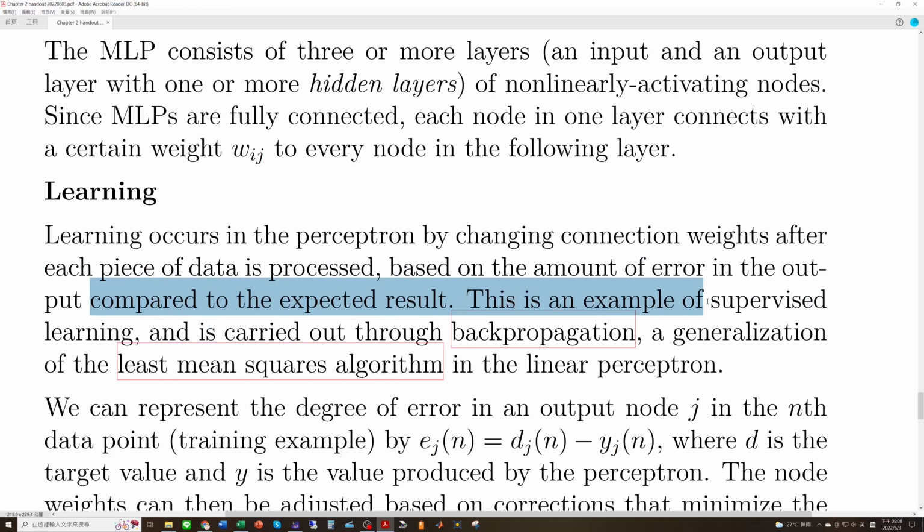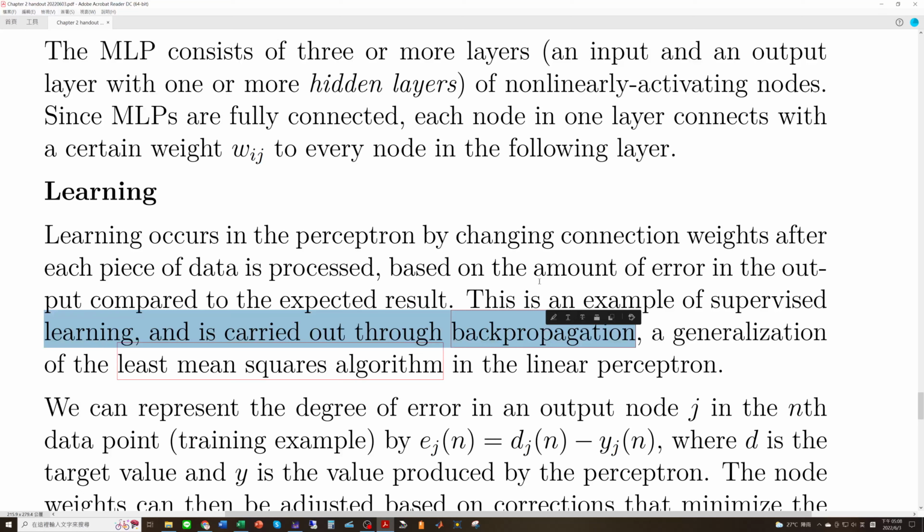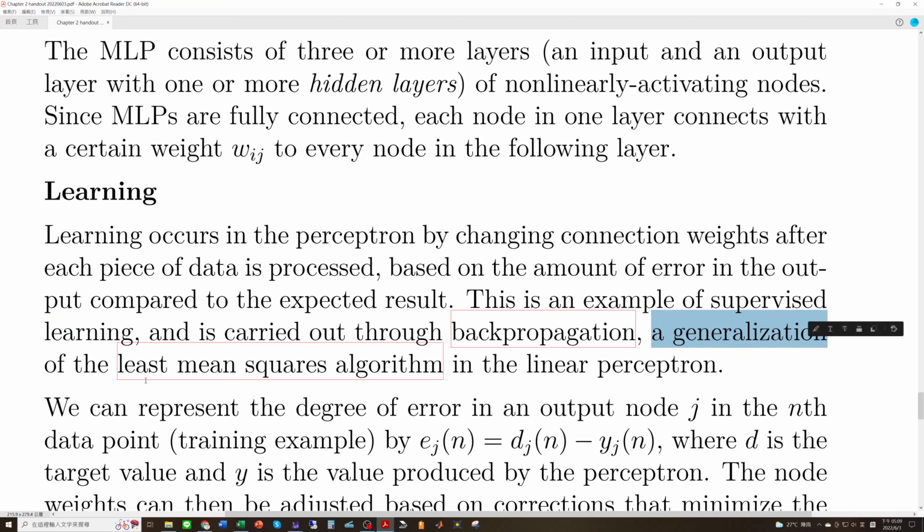This is an example of supervised learning and is carried out through backpropagation, a generalization of the least mean squares algorithm. I will introduce what backpropagation is later, and the least mean squares algorithm later in the linear perceptron.